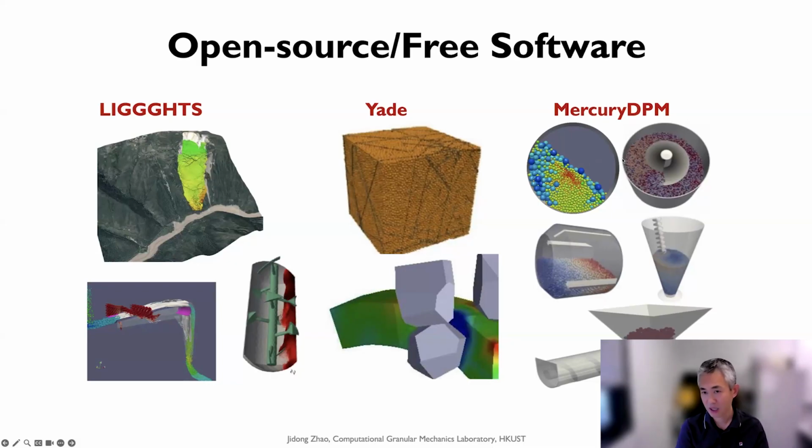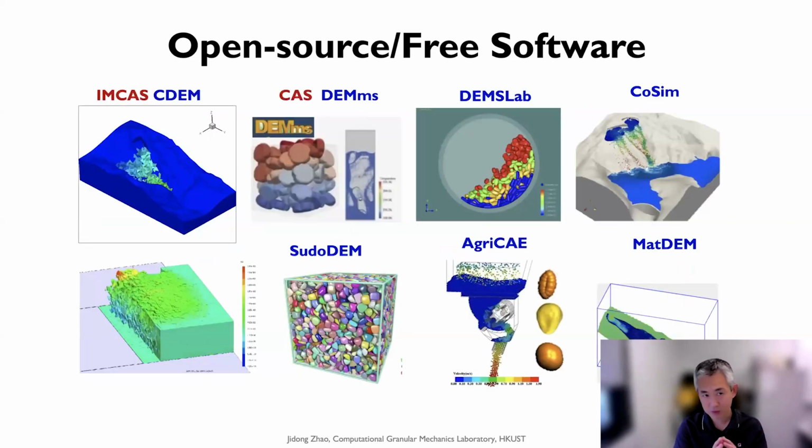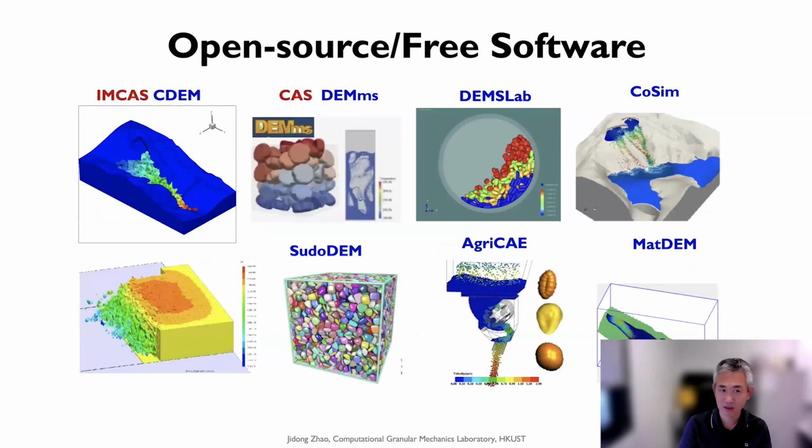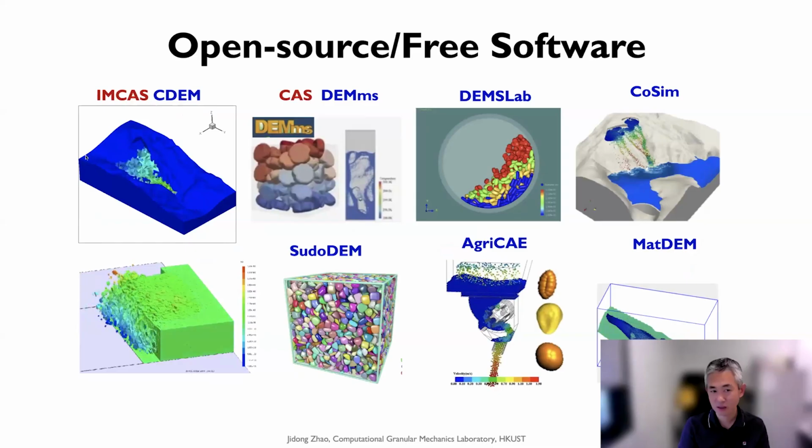And Mercury DPM is another open source one, developed by researchers at the University of Twente, and you can use that for the purpose here. There are also other open source codes, like this CDM, which is normally for rock engineering, for the breakage of rock slopes and rock blocks into different parts.